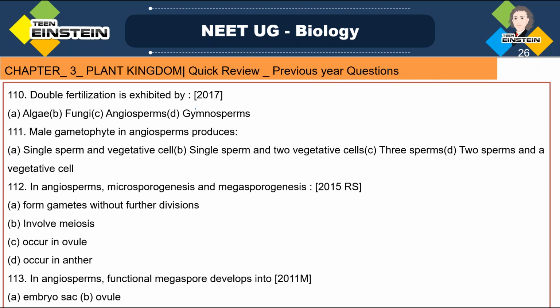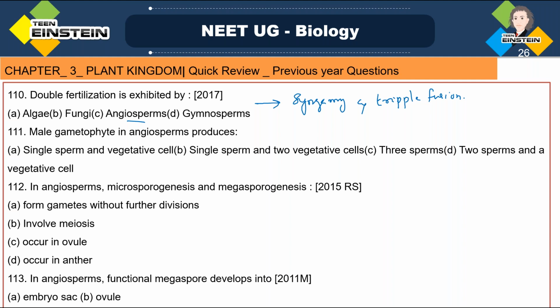Double fertilization is a unique feature exhibited by angiosperms. Why do we say double fertilization? It has both syngamy and triple fusion. So double fertilization is a unique feature of angiosperms.